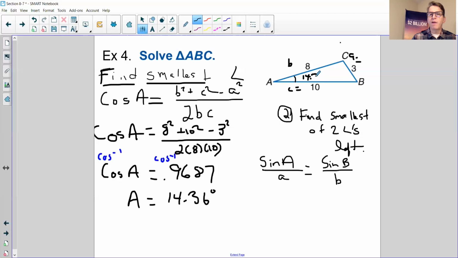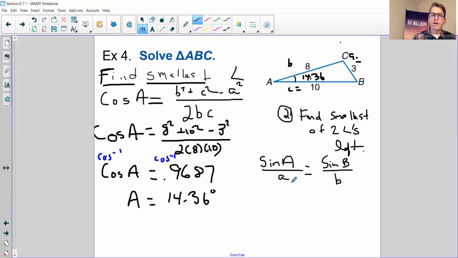All right, now we're in the driver's seat by using the law of sines. We're going to find the smallest of the 2 angles that are left, which would be angle B. So angle B is what we're trying to find. We know side B, and we know angle A and side A. So we're going to use the law of sines on our second step.